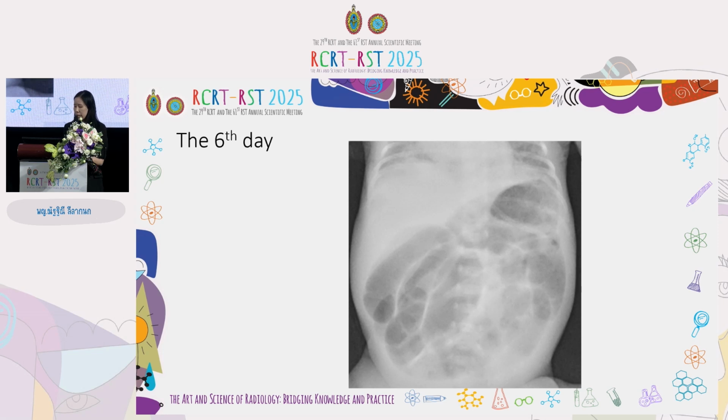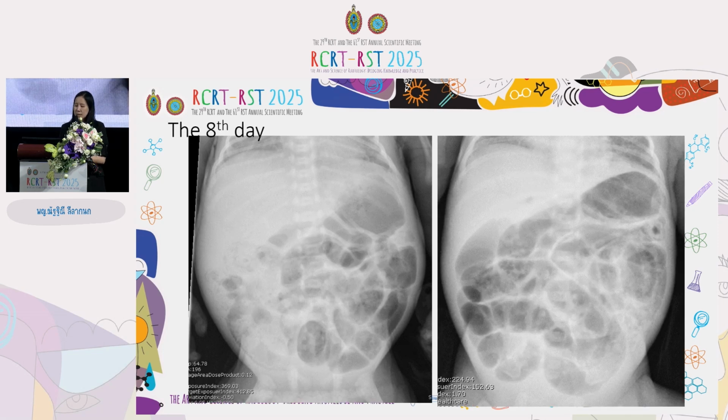Like this here. And on the 8th day, there is pneumatosis intestinalis seen along the bowel loops in the right-sided abdomen. We see this in the morning, shown by the yellow arrow.